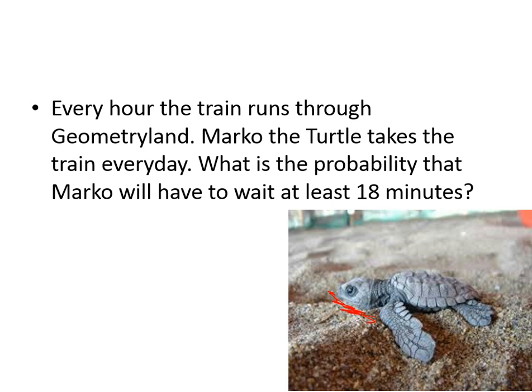If we look at our time frame from 0, where he gets there right when the bus gets there, to just missing the bus at 60, because there's 60 minutes in an hour, we want to know the probability that he has to wait at least 18 minutes. If he shows up at 5, that doesn't fall in our range. So 5 minutes won't work, 10 minutes won't work, 15 minutes won't work.